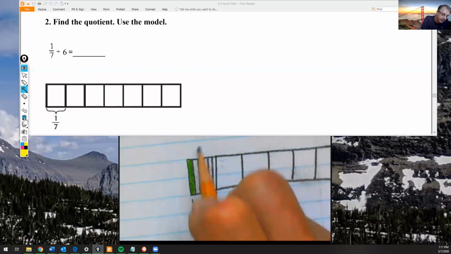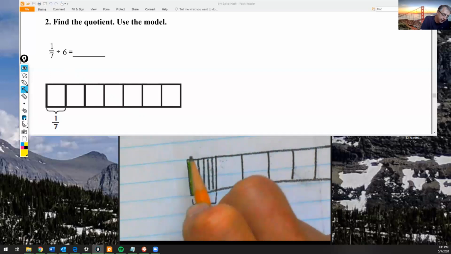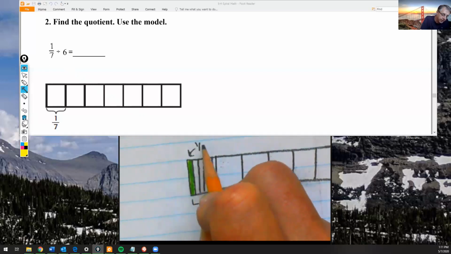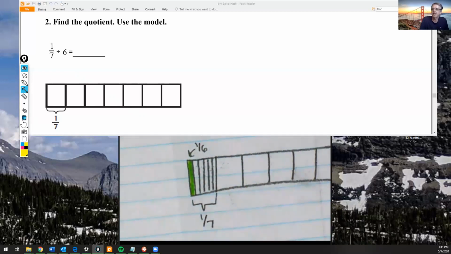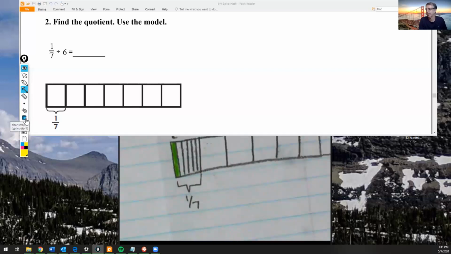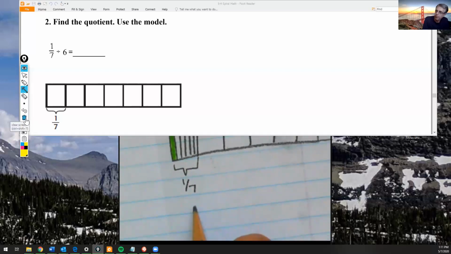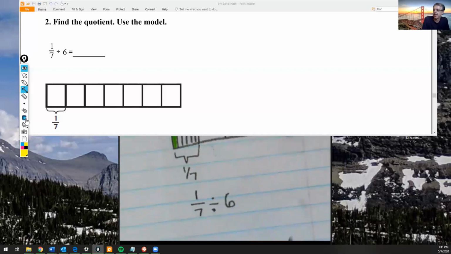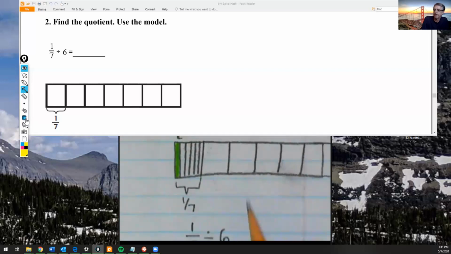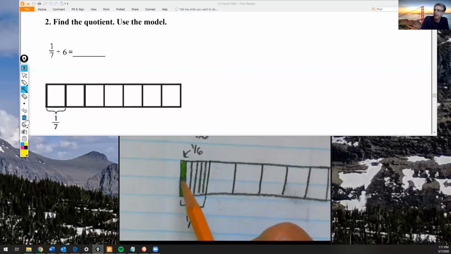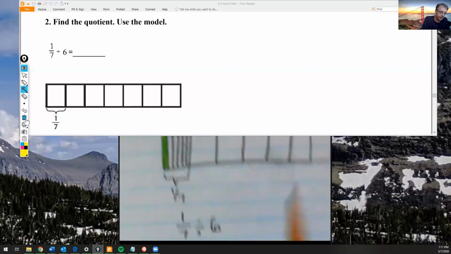This basically is 1/6 of 1/7. This is 1/6 of 1/7. So what I can do is write that out as an expression this way. I can take 1/7 divided by 6.